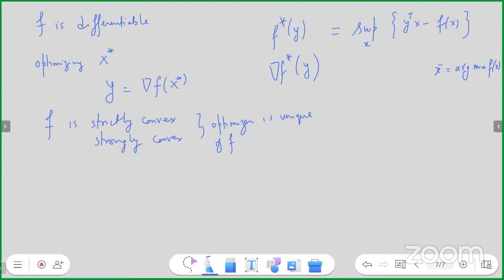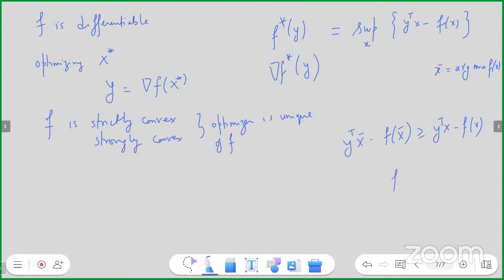So the supremum will be achieved exactly at x bar. Why? What do you have? Your y transpose x bar minus f of x bar is greater than or equal to that for any other x. Okay, why is that so?